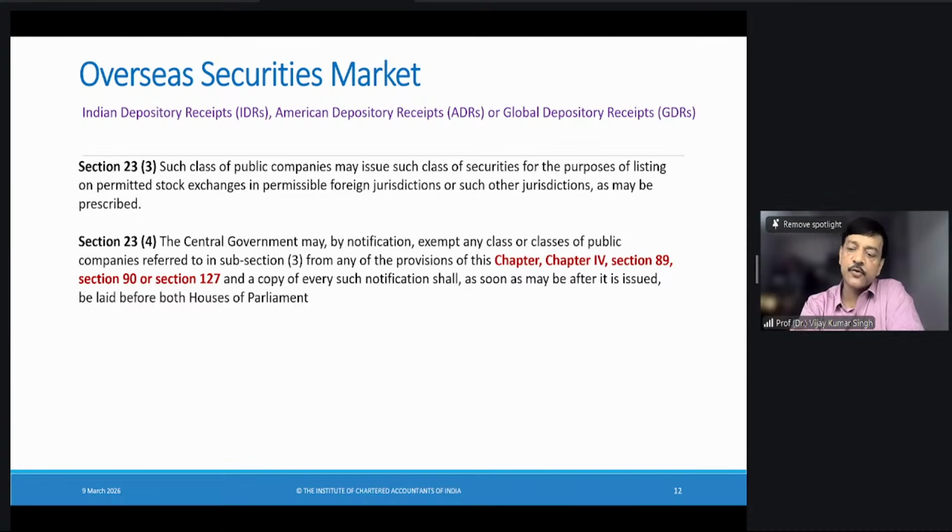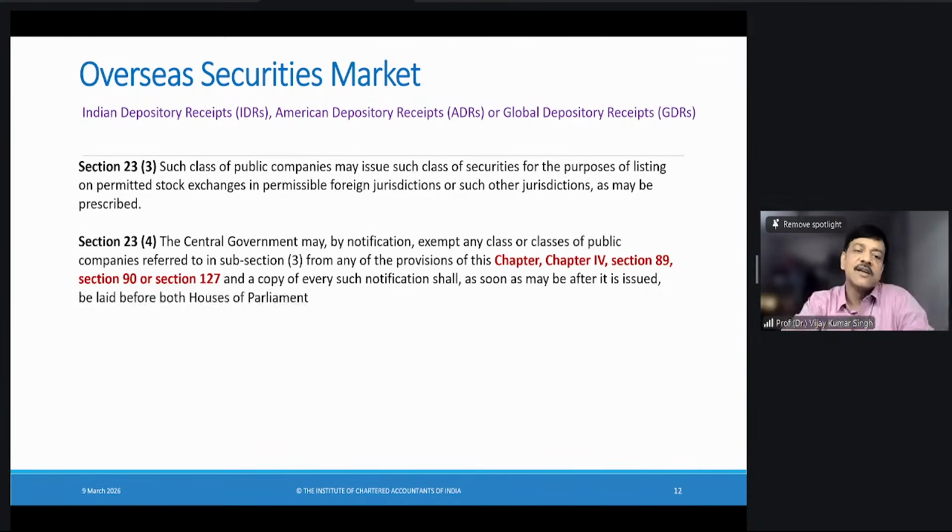So what it is trying to do, in case of a foreign issue, in case of American Depository Receipts or Global Depository Receipts, is that there is no requirement to follow strictly the rules of the Indian listing requirements, right? If someone is getting money in the UK or USA, there is no need to follow all the regulations of the Indian securities market, because you're not taking money from the Indian market.